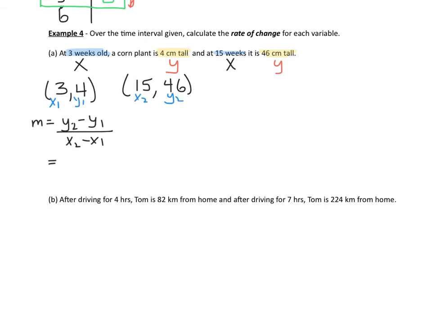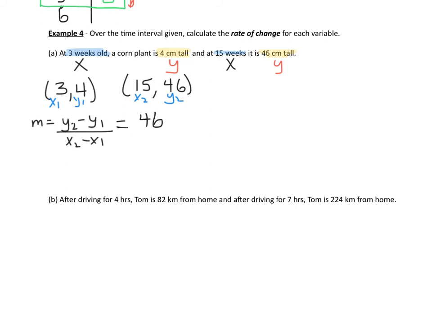Okay, so I labeled my points, and I'm ready now to substitute those values into my slope formula. Just in the interest of space, I'm going to work across the screen. So my y2 value is 46, but remember we need to include units.